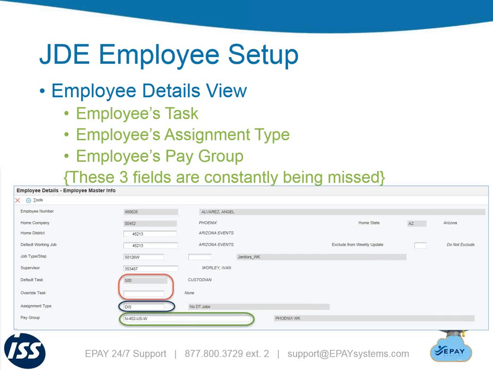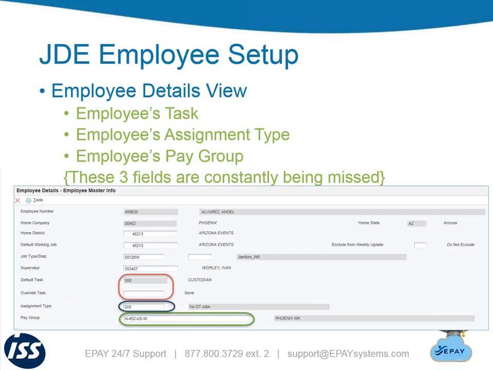So the first thing is the task. Everyone always asks, where does the task come from? Well, the task is coming from a combination of the employee's job type and step. So if the employee record in Blue Force, the employee profile, shows the wrong task, chances are that if you go to JDE or have the person at your office who has access to JDE pull up their employee record, you're going to find that they have the wrong task associated.